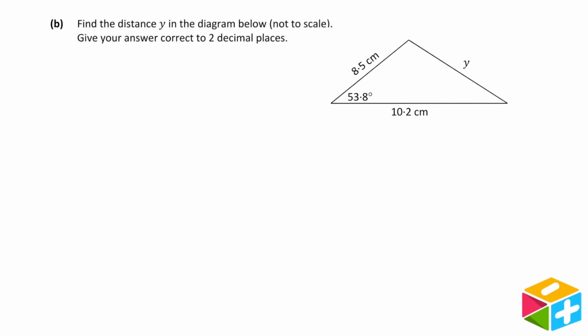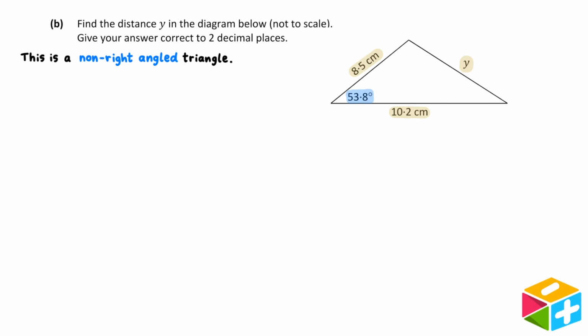In the triangle we're given, one of the angles is labelled as 53.8 degrees. One side is labelled as 10.2 centimetres, another side is labelled as 8.5 centimetres, and the final side is labelled as y.